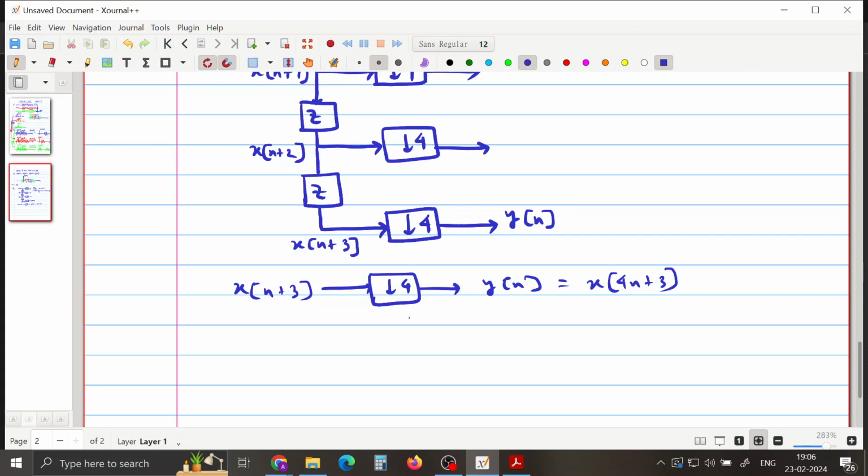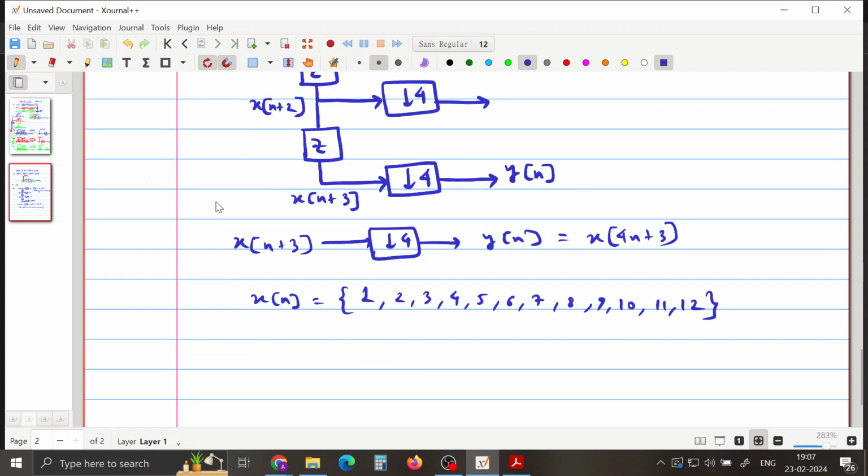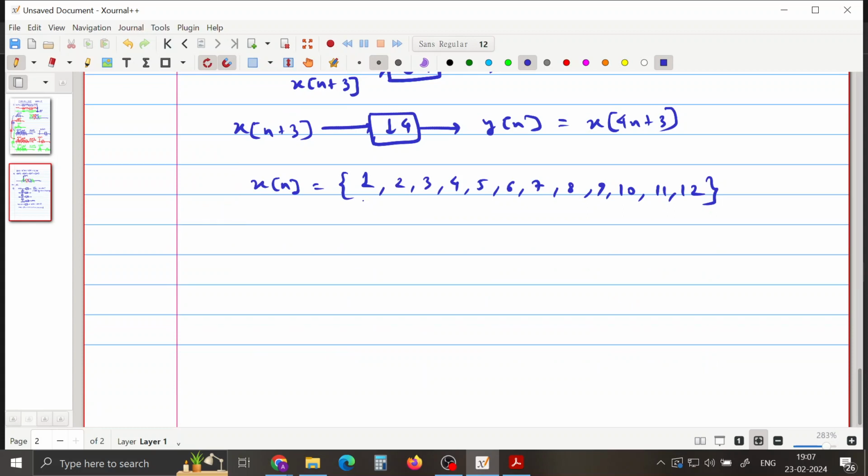But anyways, if x of n is this 1, 2, 3, 4, 5, 6, 7, 8, 9, 10, 11, 12, I'll include this correction in the modified question: instead of running till 9, it's running till 12. So this is my input sequence with the origin here. So what will be my x of n plus 3?